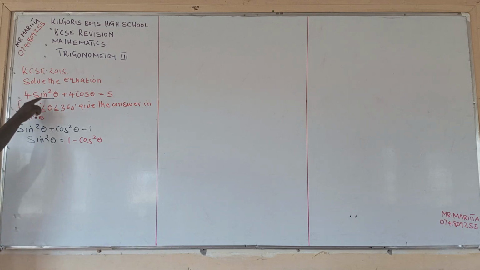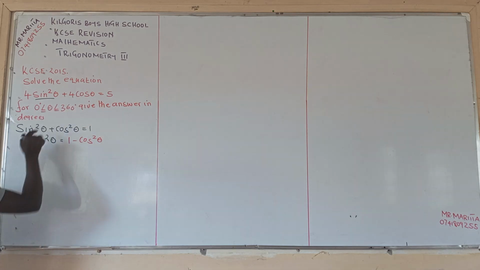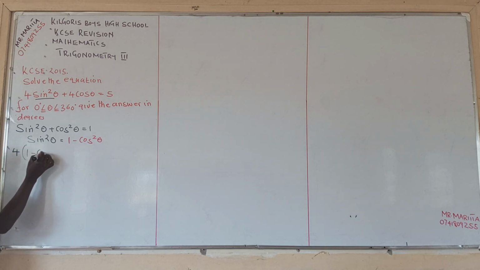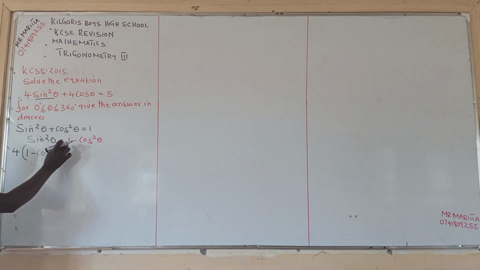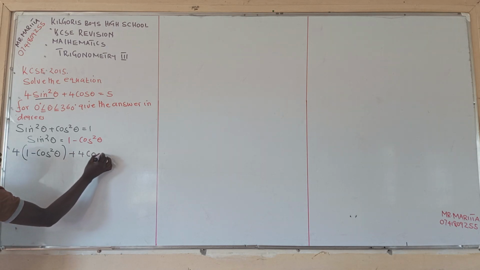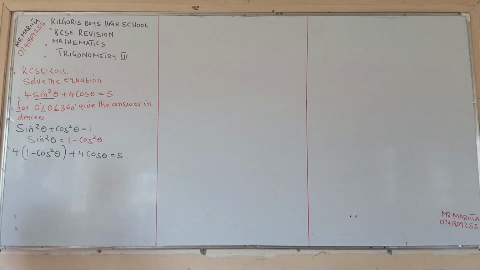Therefore, our 4 sine squared theta plus 4 cos theta will be equivalent to 4 times 1 minus cos squared theta, since we have expressed sine squared theta in terms of 1 minus cos squared theta, then plus 4 cos theta, and this is equivalent to 5.